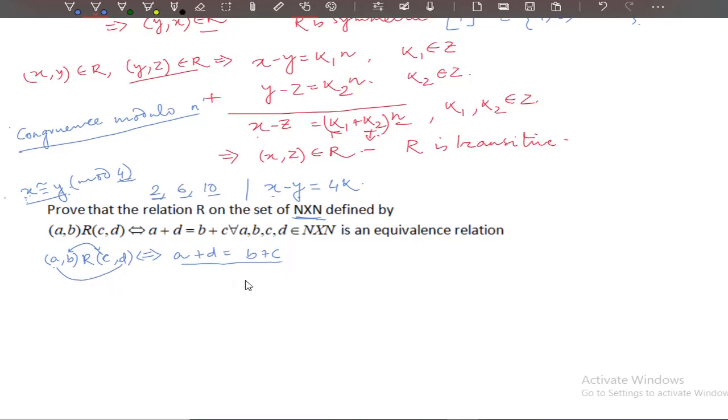Now, will it be an equivalence relation? Let us try to prove it. Is (a,b) related to (a,b)?